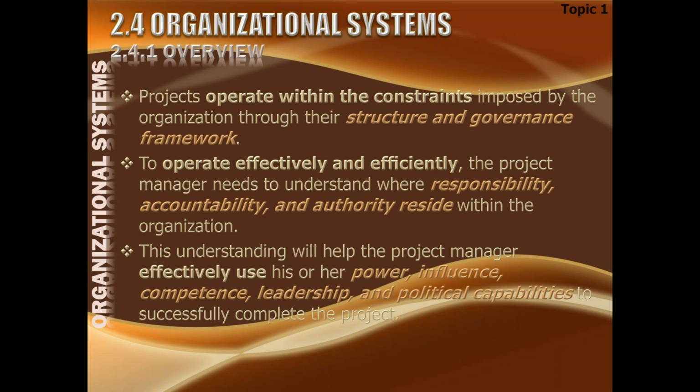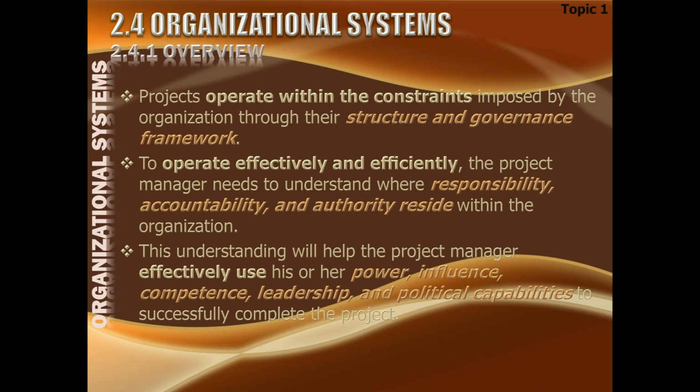To operate effectively and efficiently, the project manager needs to understand where responsibility, accountability, and authority reside within the organization. Whom should we be looking at for the responsibility, or for the accountability, or for the authority? So, the project manager must be amply clear, because the most effective and efficient way of doing something is probably that you know what is in the authority of whom.